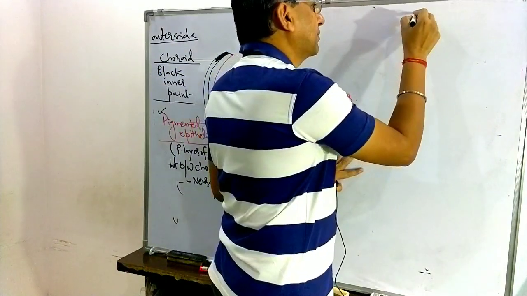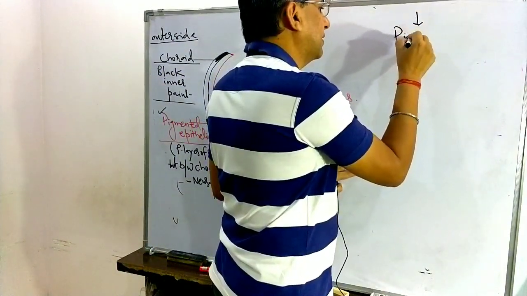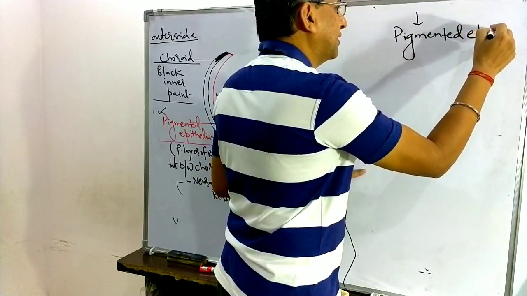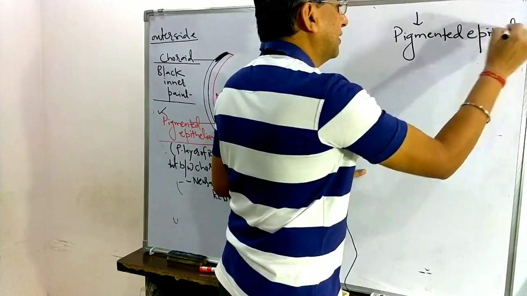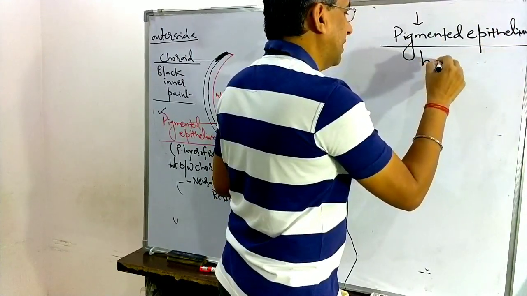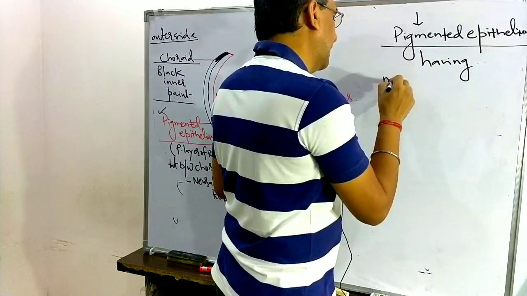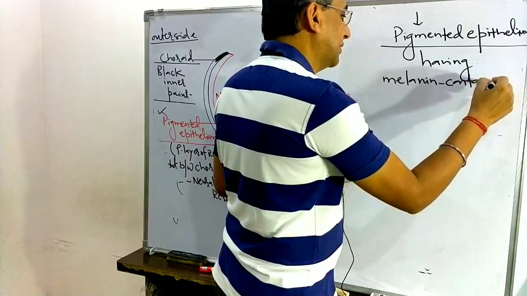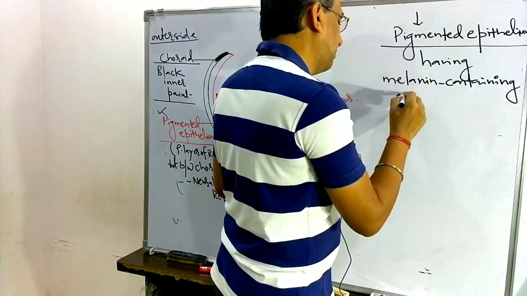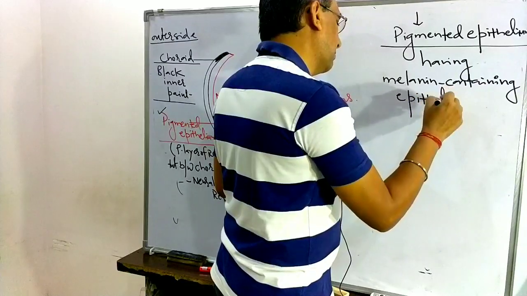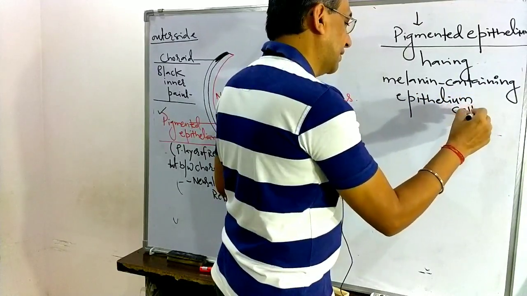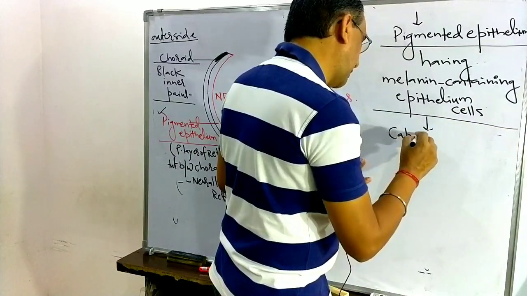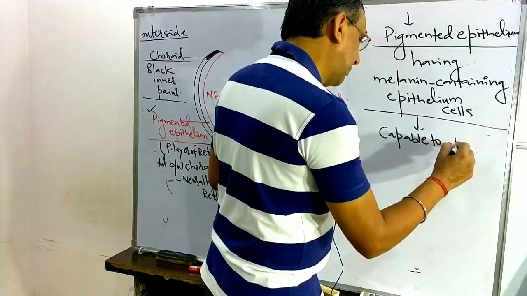The pigment epithelium has melanin-containing epithelial cells, and these cells are capable of absorbing light.